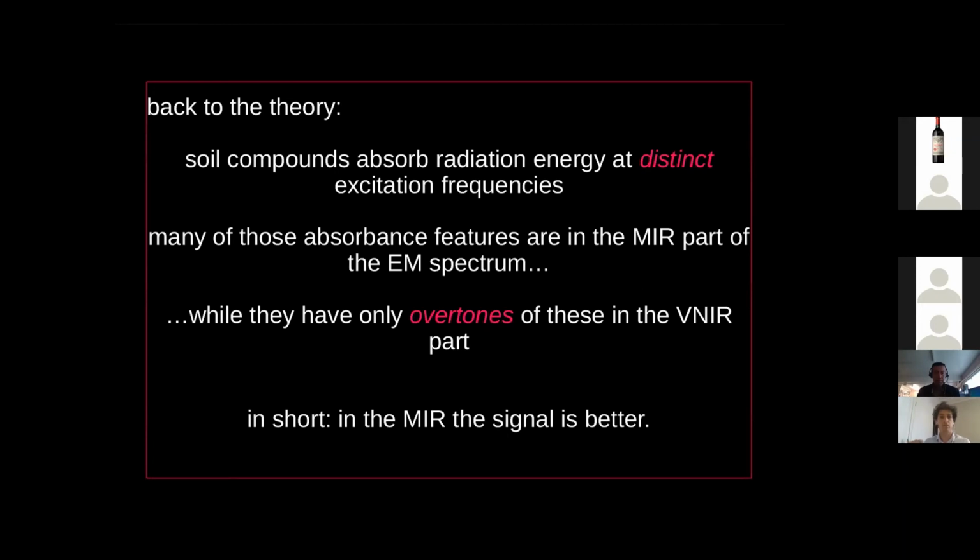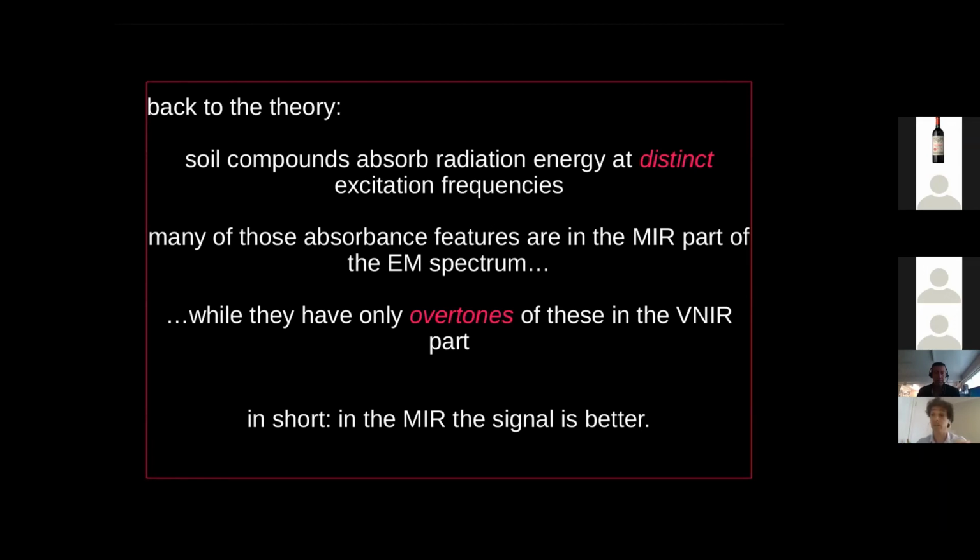A second type of spectroscopy we are using in our lab, and it's a more recent development, is mid-infrared spectroscopy. As the name suggests, it's an instrument that looks at reflectance further down the infrared part of the EM spectrum. Now, the reason why mid-infrared spectroscopy is interesting is, if we go back to the theory, soil, which is a very complex heterogeneous medium, absorbs light at very distinct excitation energies, and most of these features are actually located in the mid-infrared.